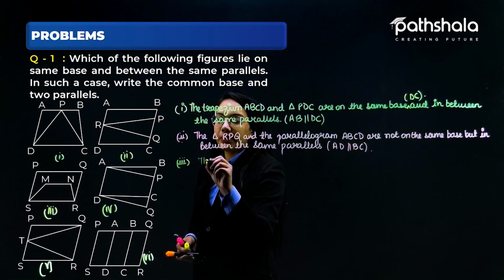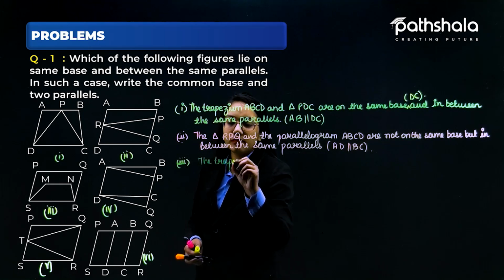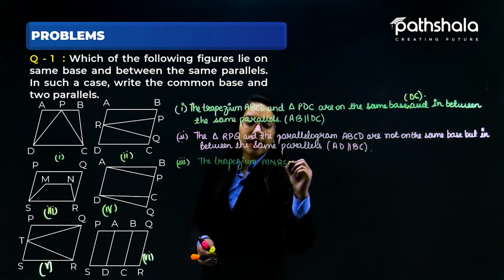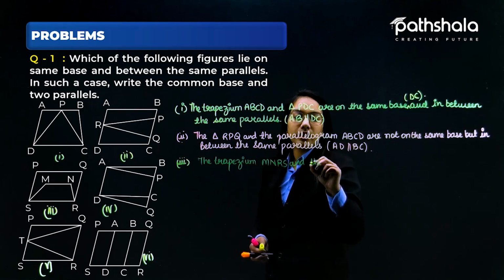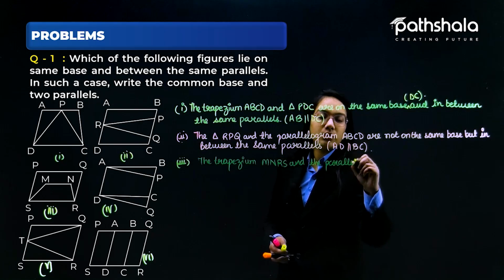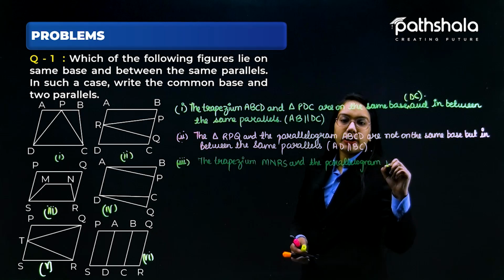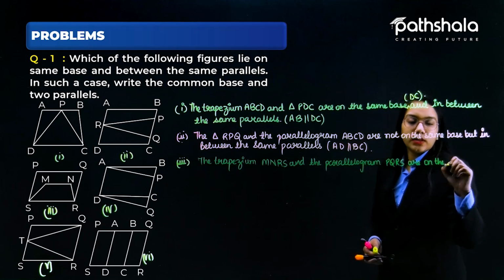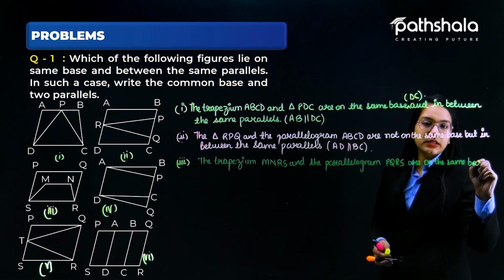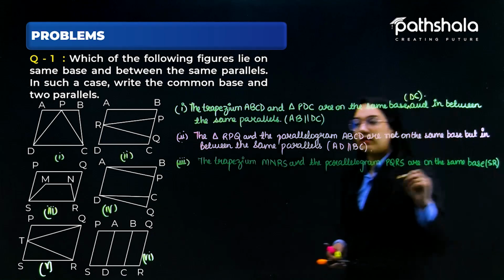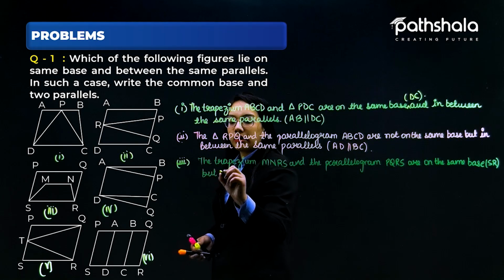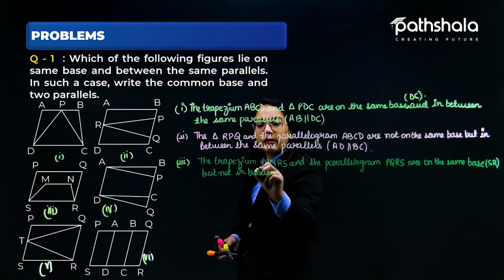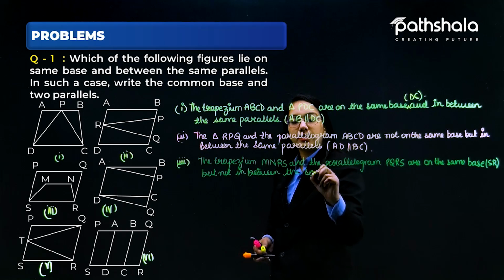So we can say that the trapezium MNRS and the parallelogram PQRS are on the same base. The base is SR, but not in between the same parallels.